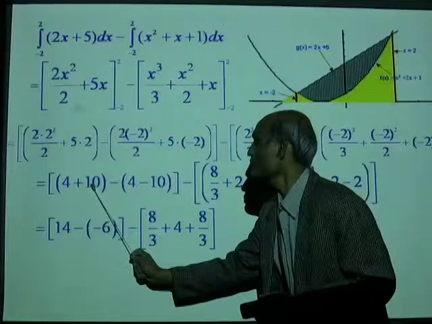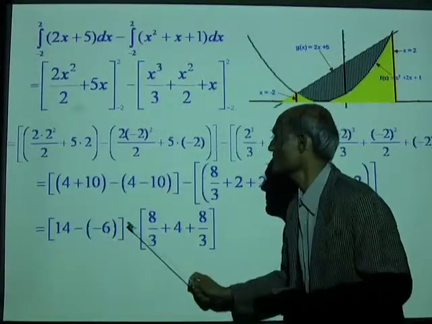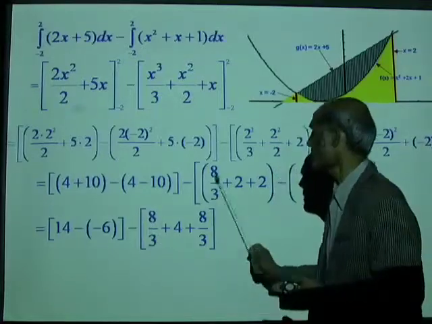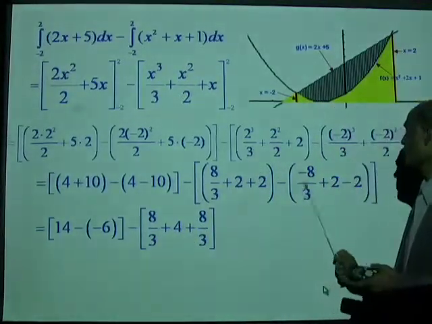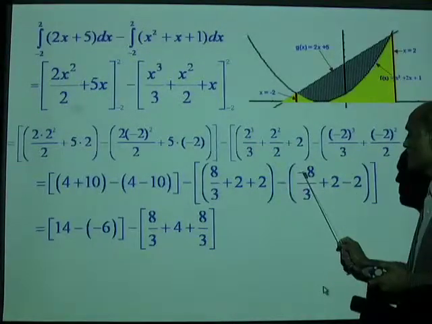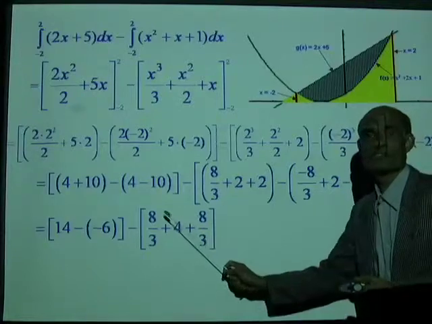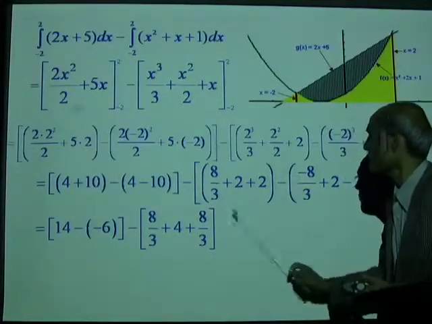And that will be, this is 14 minus, this is negative 6 minus square bracket, 8 over 3 plus 4. And what is this? Plus 2, negative 2 goes, minus, minus become positive. So you get 8 over 3 plus 4 is this quantity, plus 8 over 3.